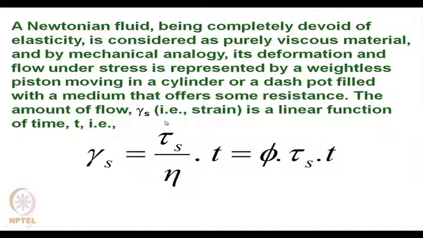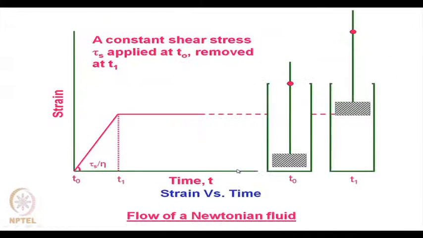The amount of flow gamma s, that is the strain, is a linear function of time. So, gamma s is equal to tau s by eta into t, or tau s into phi into t.